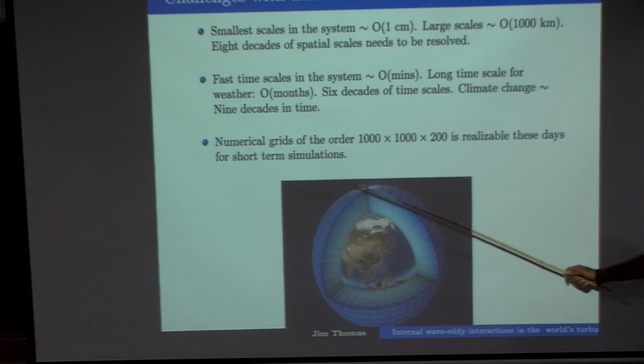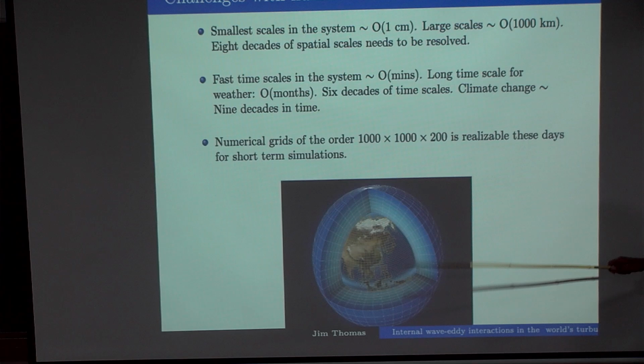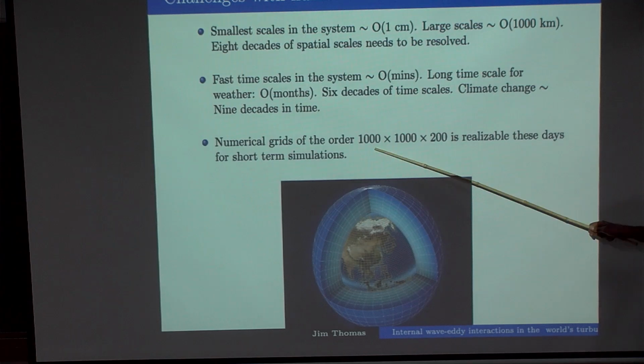If you go to a university level computing cluster, or if you look at the Defense Research Development Organization of India, Indian Space Research Organization, all of them have supercomputers that can reasonably do this level of computing. And if you stretch this, we are looking at 3 decades of scales.